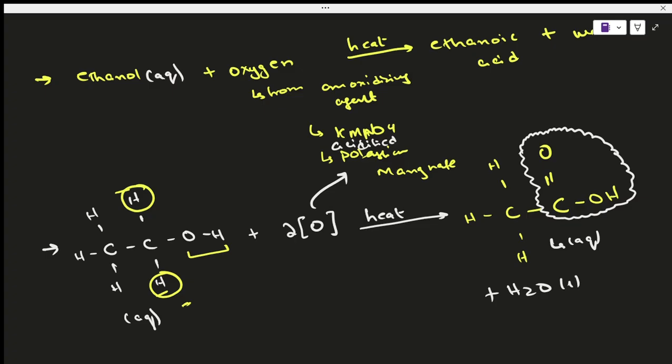So this is the whole idea: you have an ethanol molecule, you react it with oxygen from an oxidizing agent, you heat it, and what you form is a carboxylic acid molecule in aqueous and a water molecule in liquid form. This is the whole reaction of oxidation of alcohol. Okay, perfect.